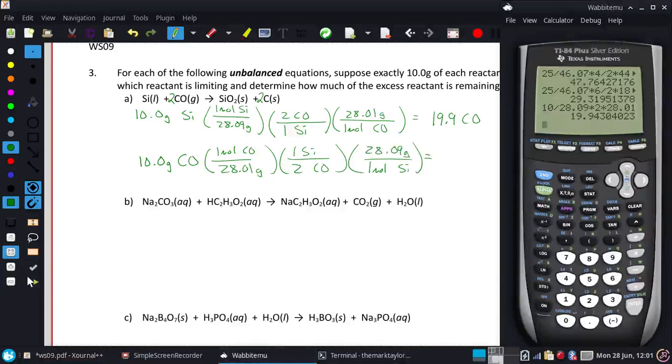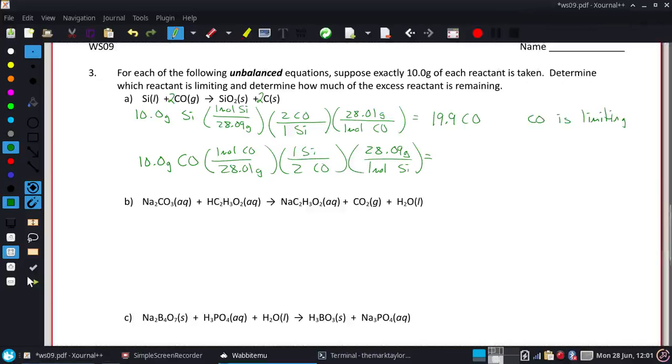So 10 divided by 28.01 divided by 2 times 28.09. We see that this requires a mere 5.01 grams. Therefore, the amount remaining is 4.99 grams of silicon remains. And I did that from 10 minus 5.01.